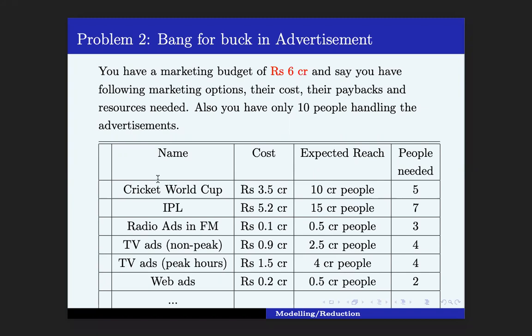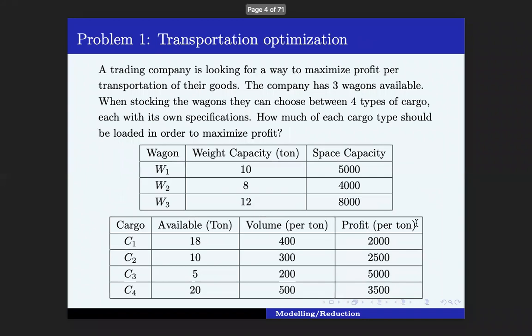If you want to put it during the IPL, the cost will be 5.2 crores. You will be reaching out to more people, but you also have to employ a greater number of people. In the previous problem, the one useful thing was that there was no constraint: I could take X amount in C1 and Y amount in C2.